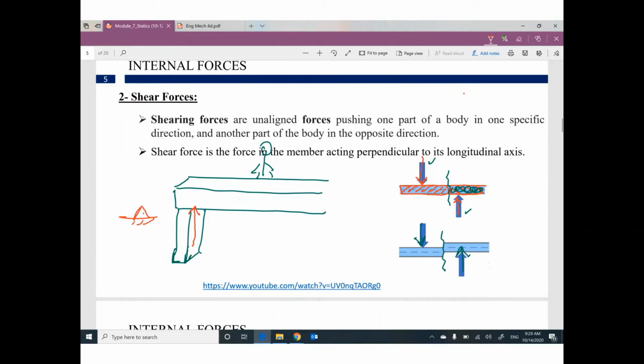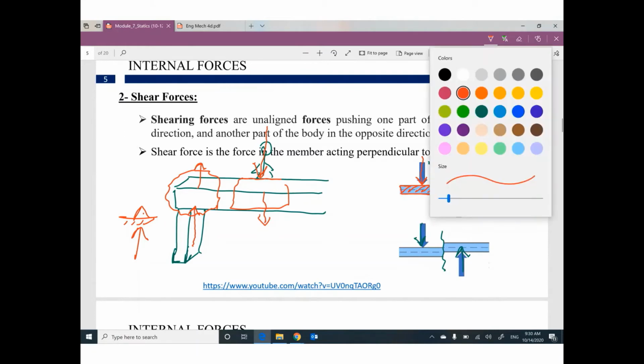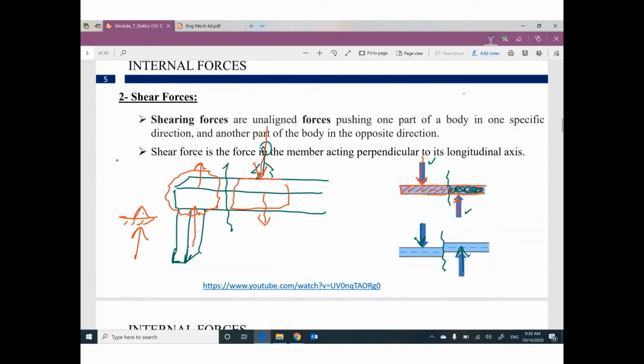So this support has a reaction coming up, and you are sitting at this location, your load is coming down. So this reaction would like to take this part of the beam up, and your load would like to take this part of the beam down. What will happen at this location? Shear.